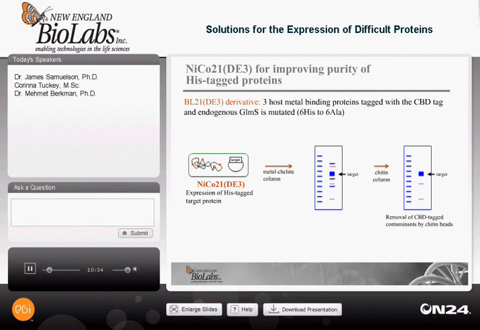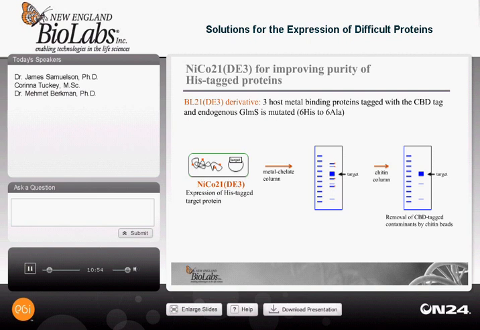Furthermore, the GlmS gene is mutated so that the GlmS protein no longer binds to nickel or cobalt resin. These chromosomal alterations were made since all four of these contaminating proteins are important for cell viability, so the respective genes could not simply be deleted.